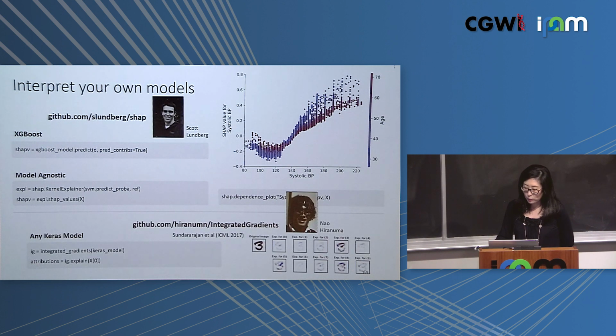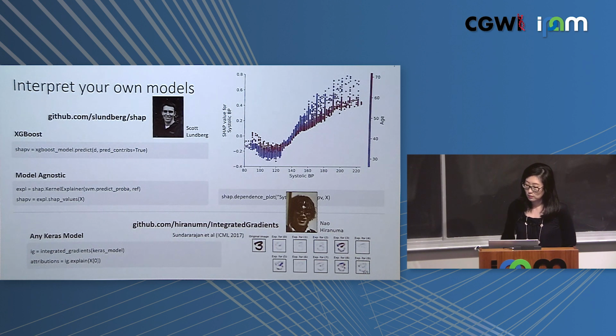We also have a popular implementation of the integrated gradients method. It's not the SHAP method, but it's widely used, and it was developed by Google researchers and published in an ICML paper. This is my student Hiranuma's implementation.